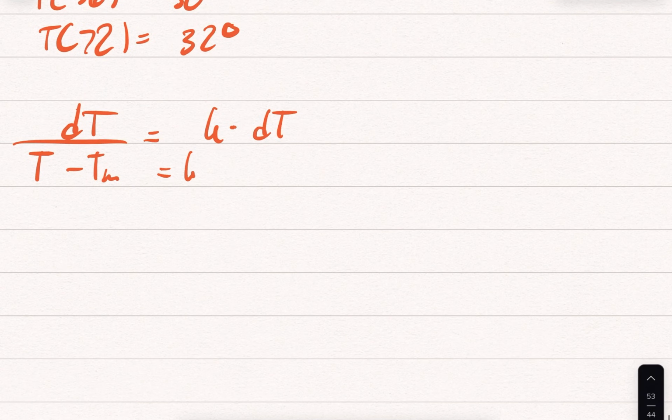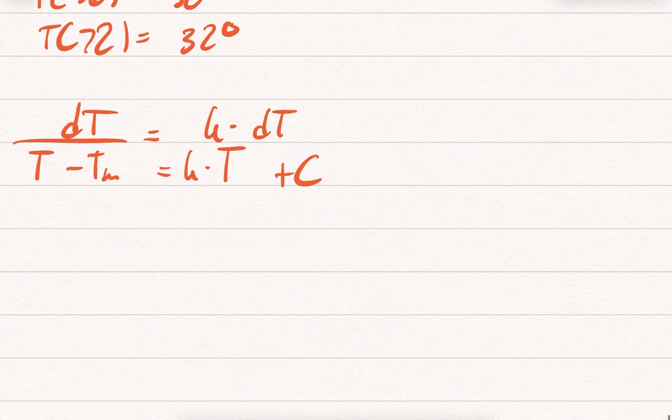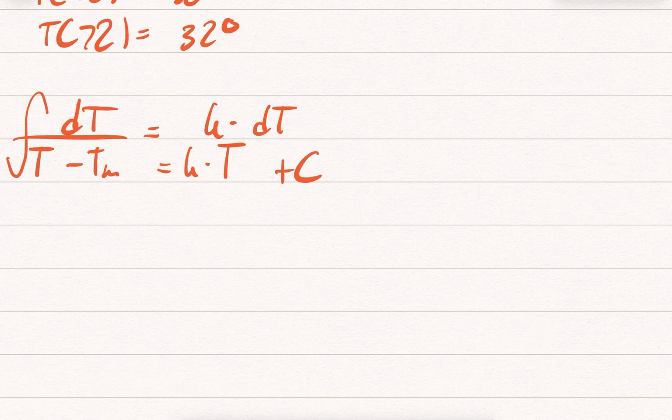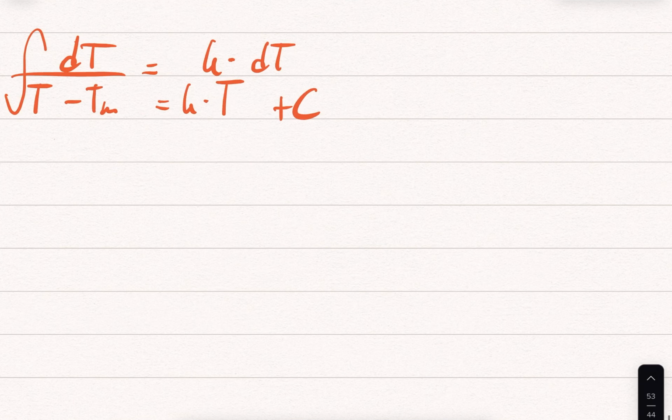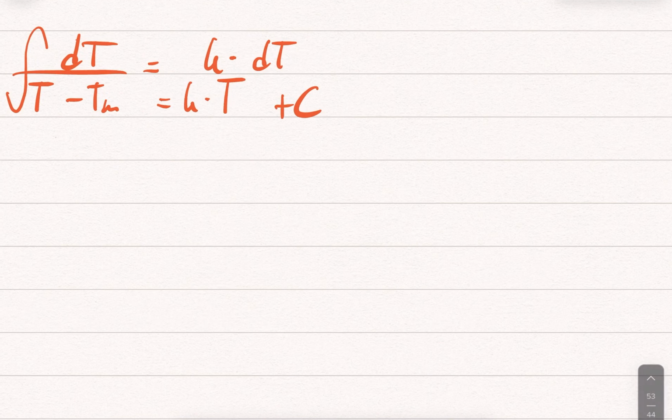So I'm going to get K times t plus C, because it just absorbs it, right? And I'm going to take the integral of that side, and I took the integral of this side already. I know that the steps are a little bit messed up, so let me fix that. I hate when it does that.